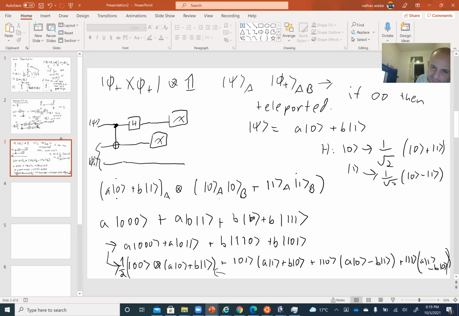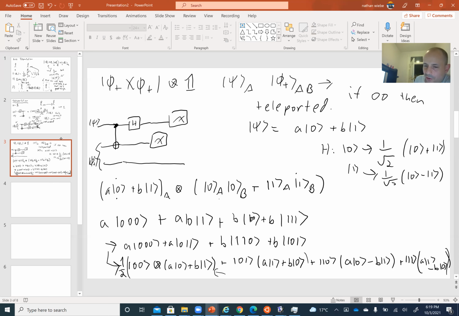However, in the event that you end up measuring, say, 0, 1, or Alice ends up measuring 0, 1, then the state that Bob receives is something a little bit different. Bob receives A1 plus B0. Now, in the event that 1, 0 is measured, Bob ends up receiving A0 minus B1.